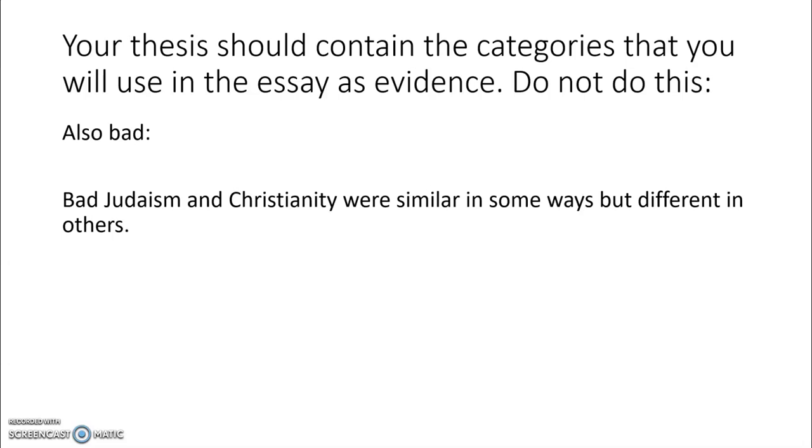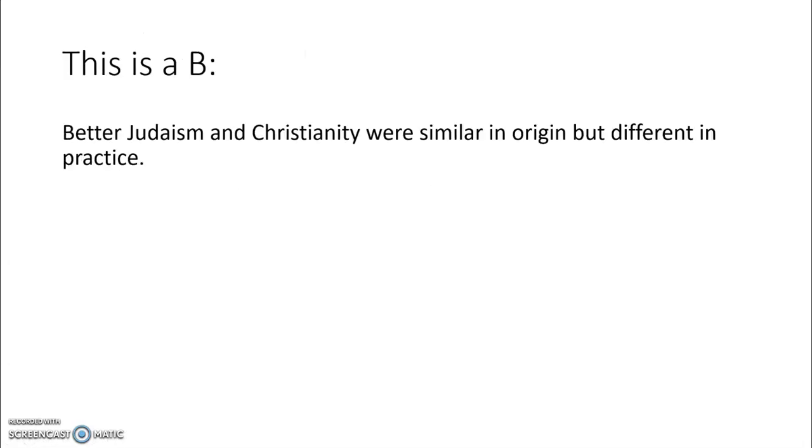Again, that's about anything. Dalek and Skull Globe. So these are both examples of theses that on our rubric would mark a C. Let's get better. This is a B.